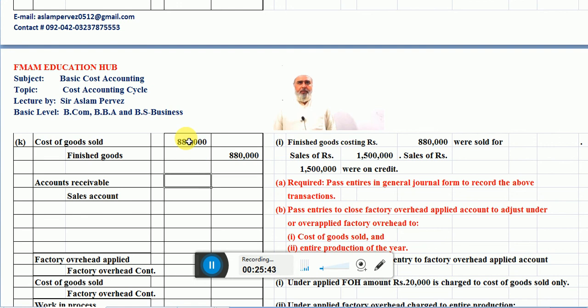Now the sale is on credit basis, 15 lakh rupees here. Students, this is 15 lakh rupees, accounts receivable against the sales, 15 lakh rupees here, which is 15 lakh rupees as a sales account here.